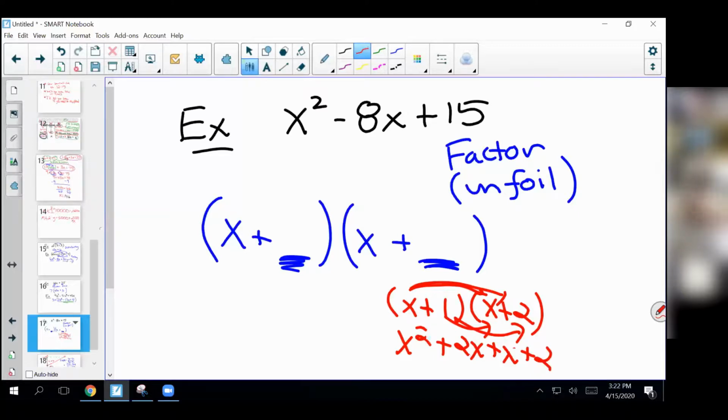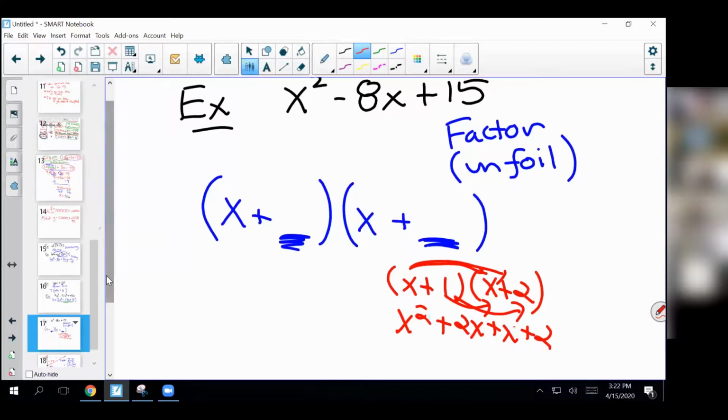You're going to get an answer of x squared plus 3x plus 2 for this random red problem. This red problem is not the problem I'm actually doing. I'm just trying to illustrate for a second here.